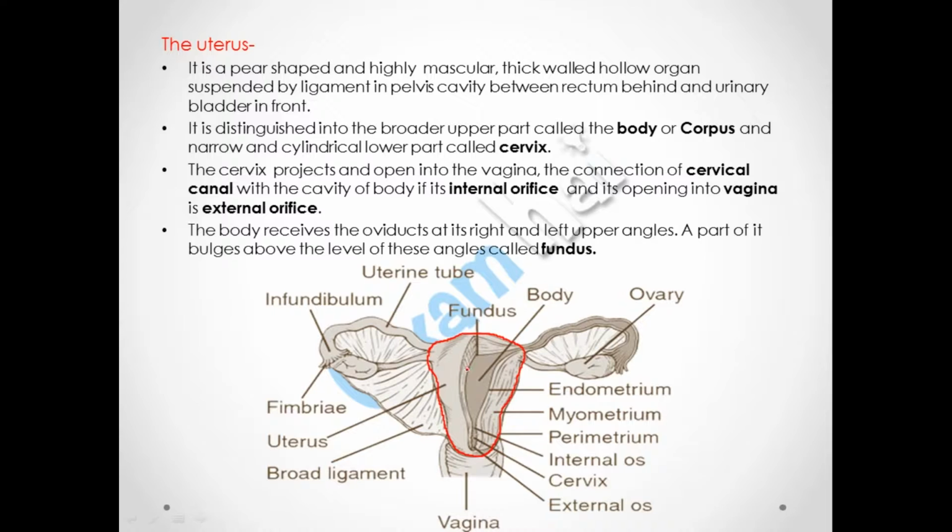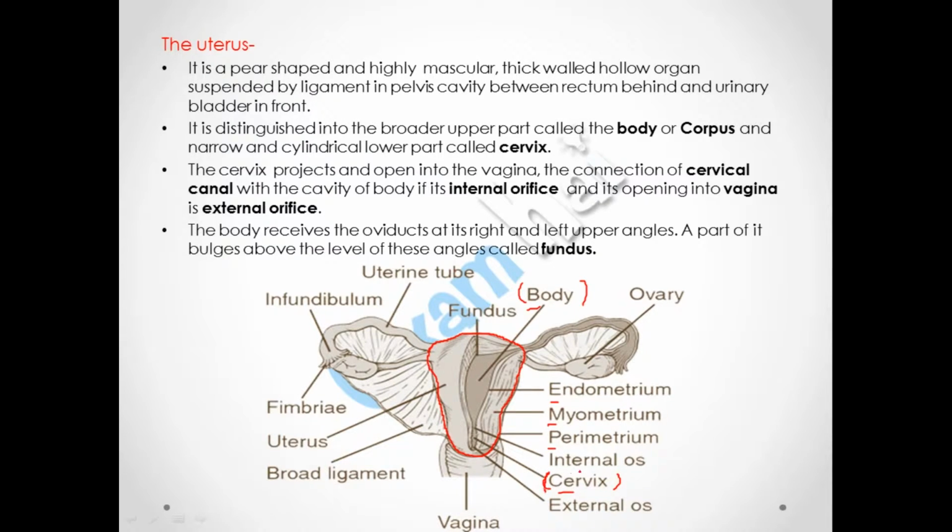The uterus is divided into two parts: the body part, which is also called the corpus, and the lower part, which is the cervix. The uterus is hollow inside, and its wall is also stretchable. It has three layers: the inner one is the endometrium, the middle one is the myometrium, and the outer one is the perimetrium.